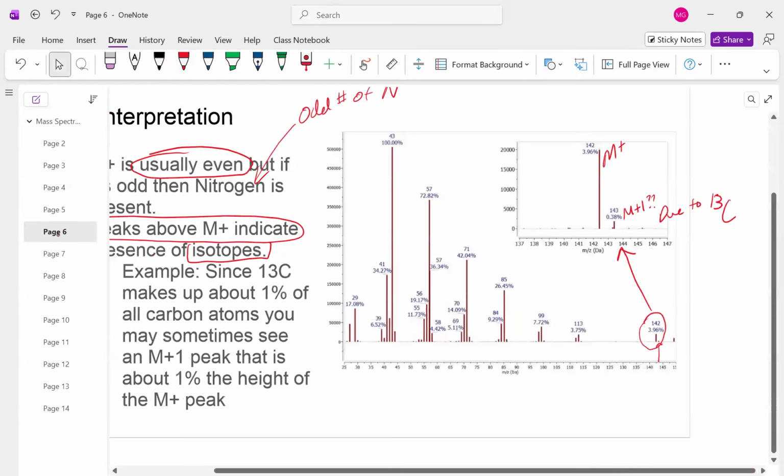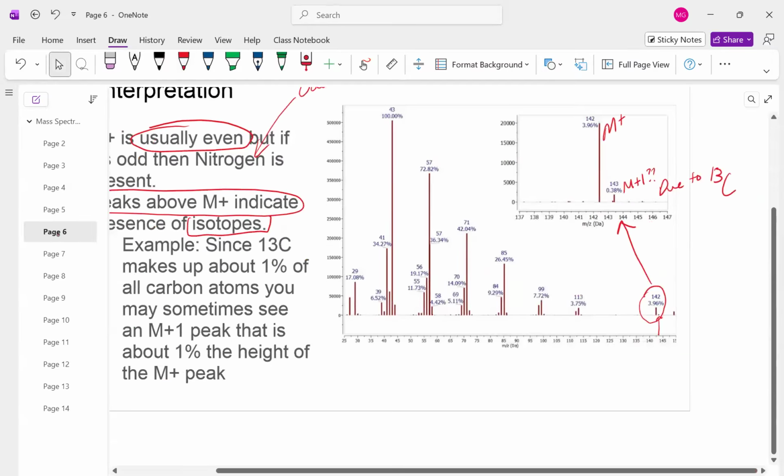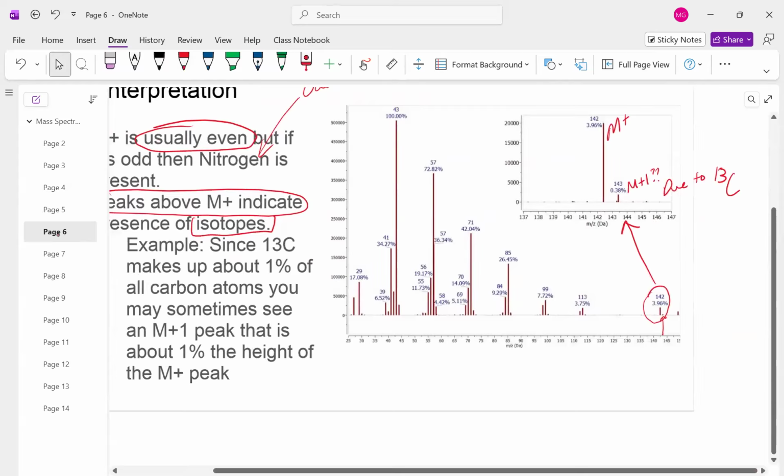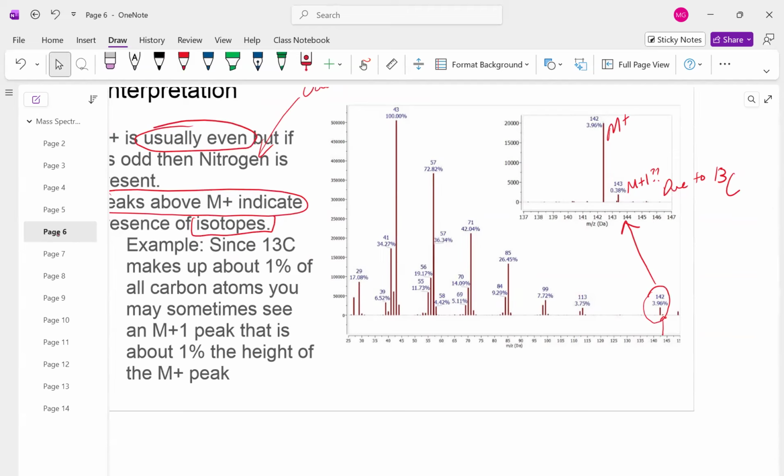I don't know if this is talked about in general chemistry, but when it comes to carbon isotopes, 98 point some odd percent of all carbon is carbon 12, and another 1% is carbon 13. So it's a pretty good bet that when you inject millions and millions of molecules into a mass spec, at least 1% of those carbons somewhere in those molecules are going to be carbon 13. So sometimes you see that M+1 peak.